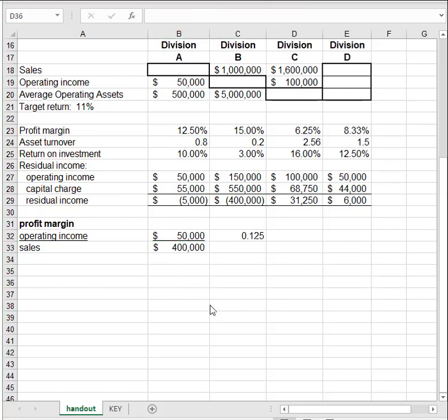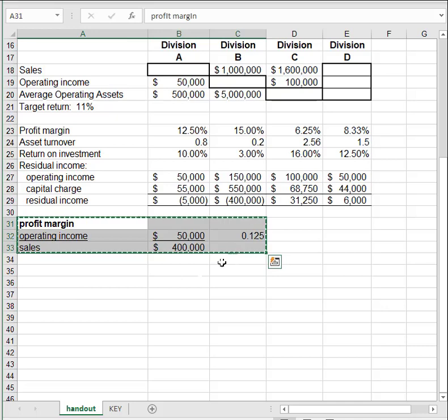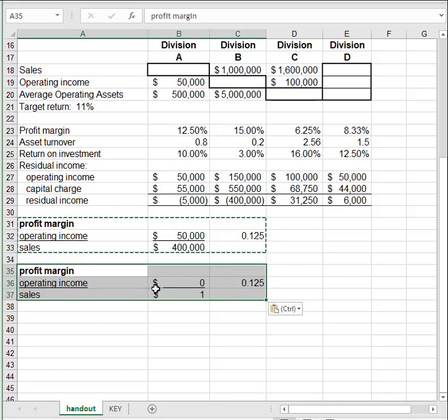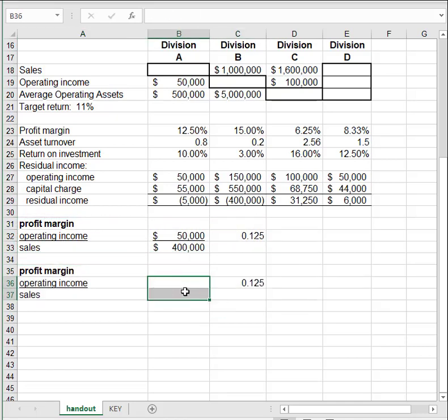So now we want to solve for operating income. Well, we can use the same ratio here because it also contains operating income. I just need one that has operating income in it in order to be able to do that. So operating income is my X in this case.